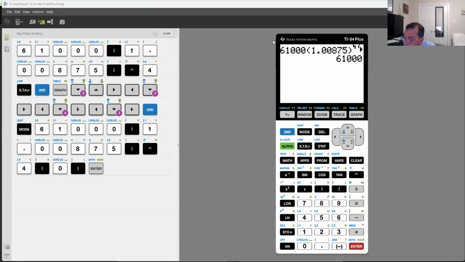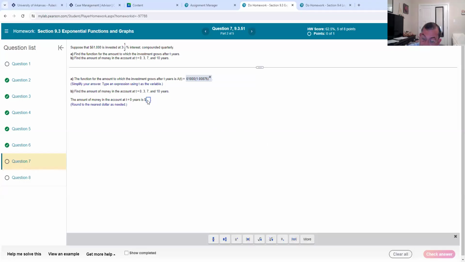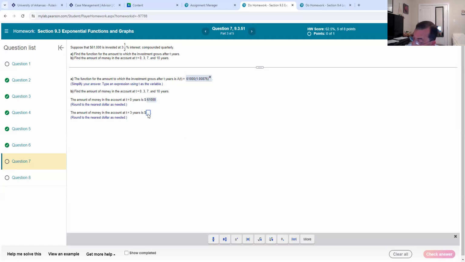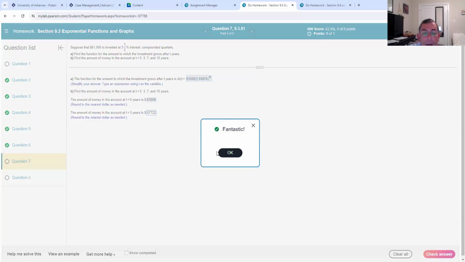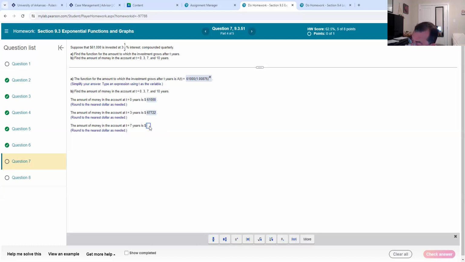I sort of like graphing them because you can knock them out pretty quick. So here at 0, we had 61,000. At 3, we had 67,722. At 7, we had 77,852.